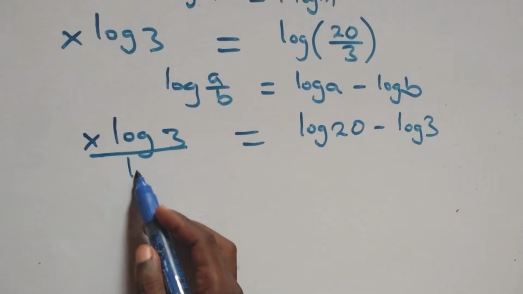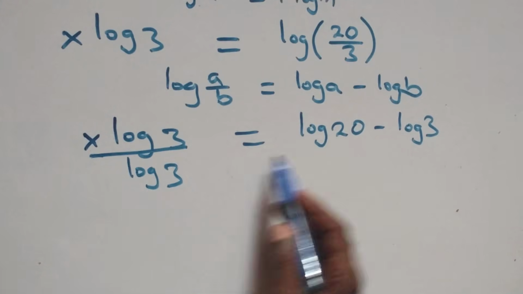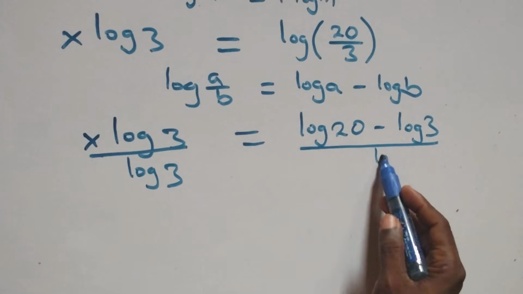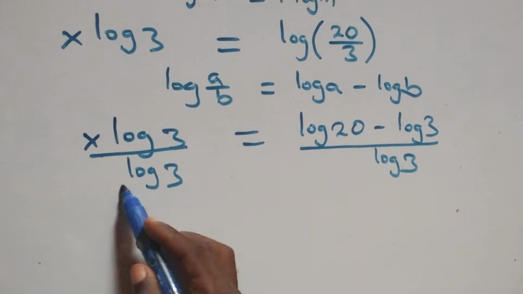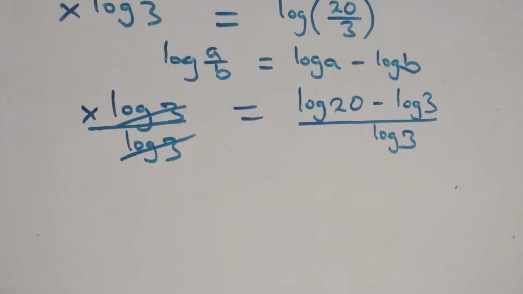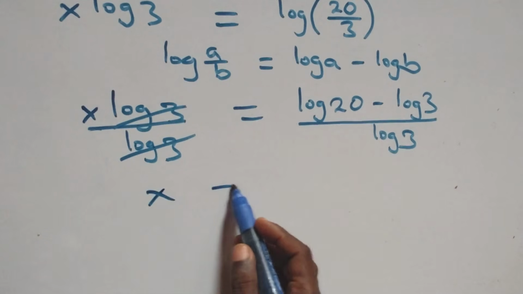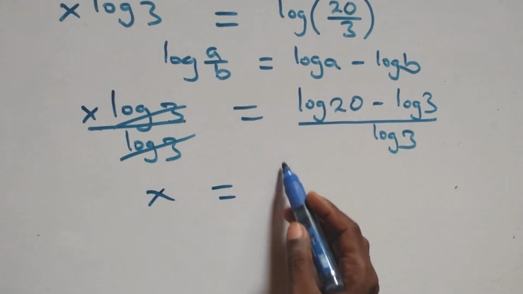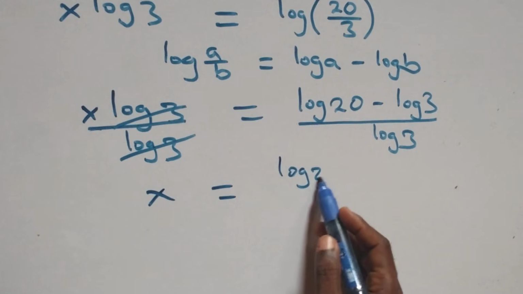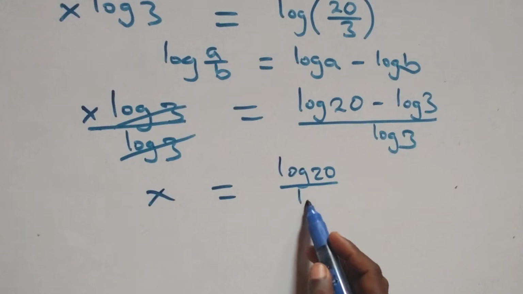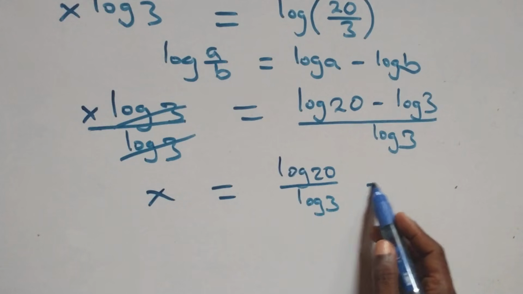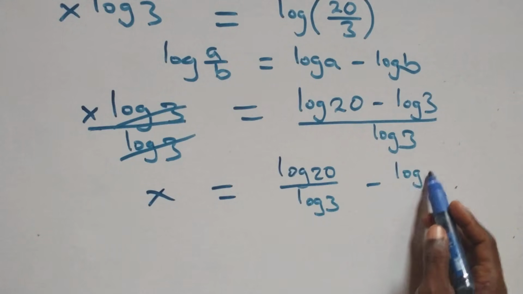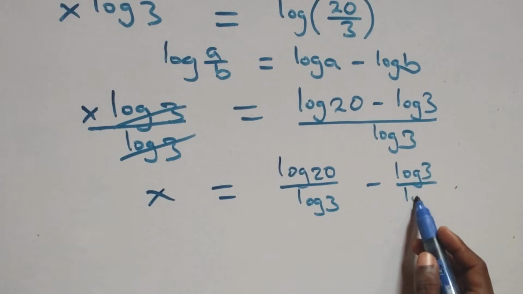Divide this side by log 3, also divide this side by log 3, which implies log 3 cancels here. And we have x equals, we can separate this into two fractions: log 20 over log 3 minus log 3 over log 3.